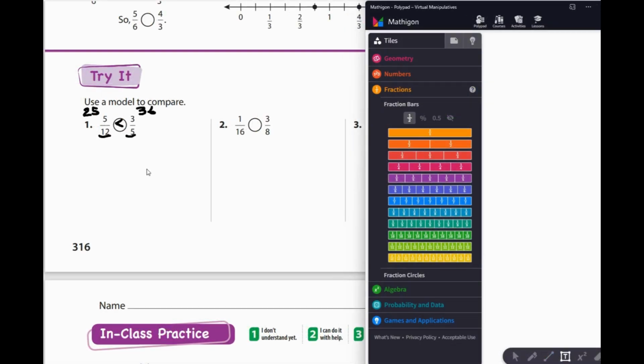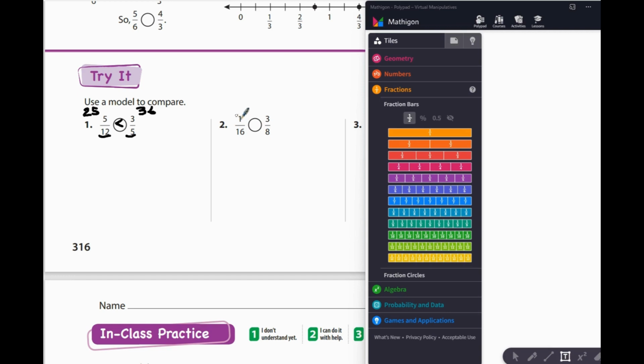All right, so here we go, just like we did question 1, let's take a look at question 2. Here we are comparing 1/6 to 3/8. We can use our cross multiplication, or we can draw a model. I'm going to show you how to draw a model, so that way you know how to do it when and if you need to.